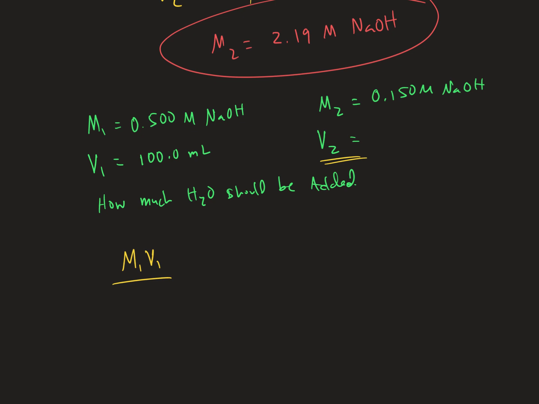We want it by itself on the other side, so that means M2 has to be underneath. You follow? So what's the original formula? M1V1 equals M2V2, right? Yeah.